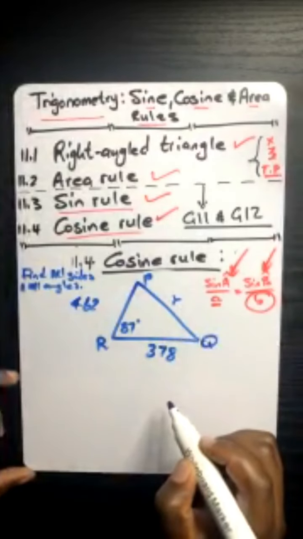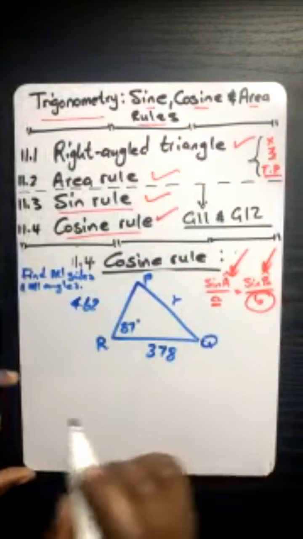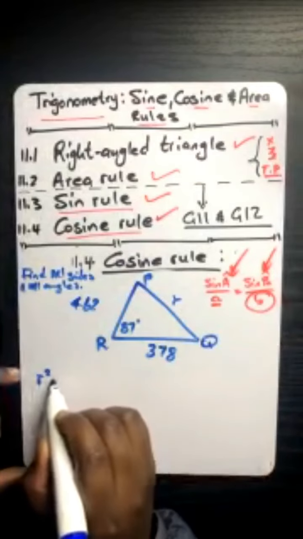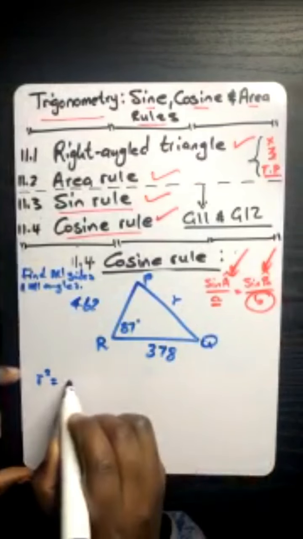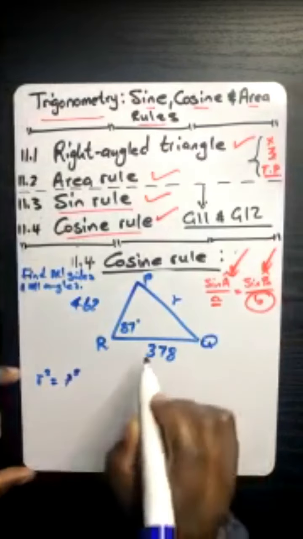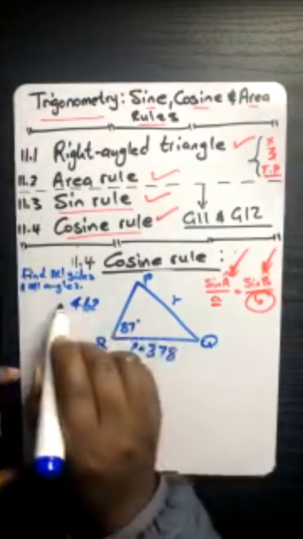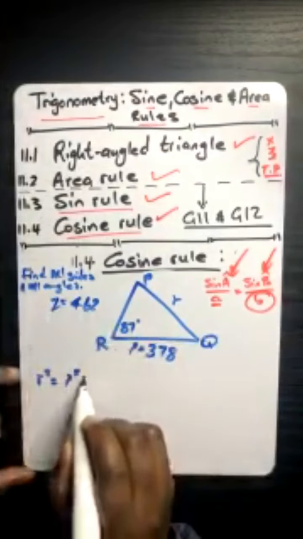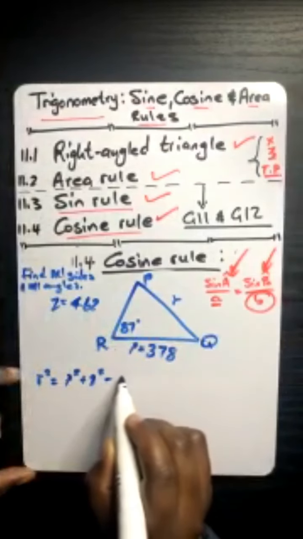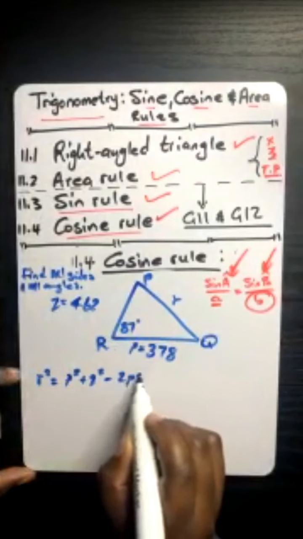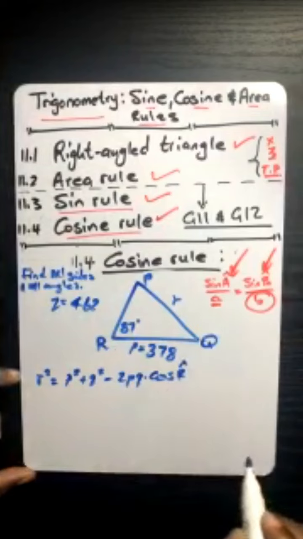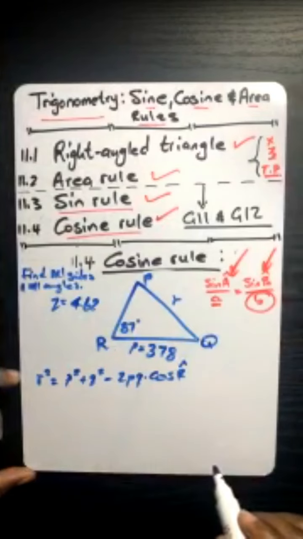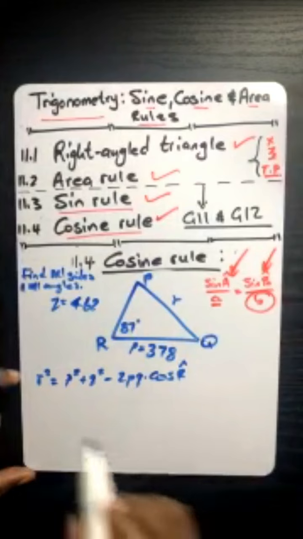Then it's going to be r squared is equal to p squared plus q squared, the small letters, p being this side and q being that side, minus 2pq multiplied by cos of angle r. I agree with you there, honorable member.